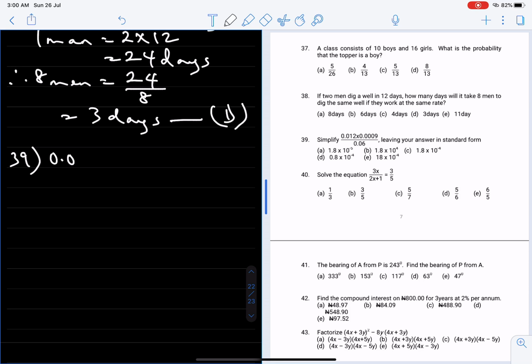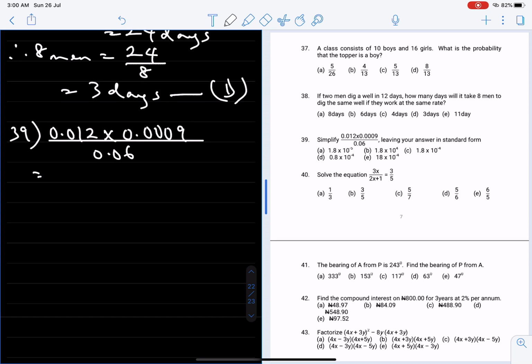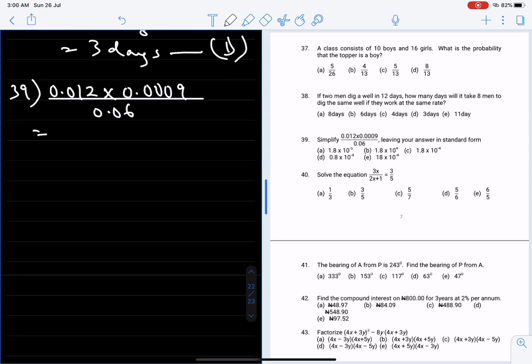Simplify 0.012 times 0.0009 all over 0.06, leaving your answer in standard form. All right, we multiply the numerator first. 0.012 times 0.0009.